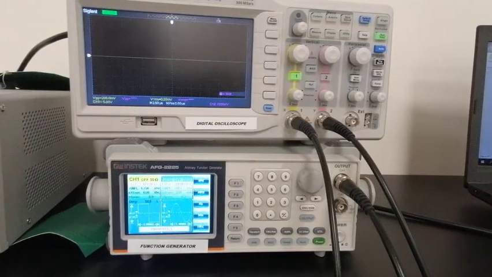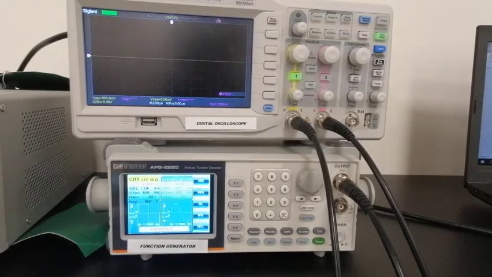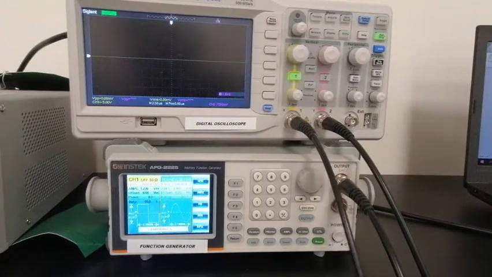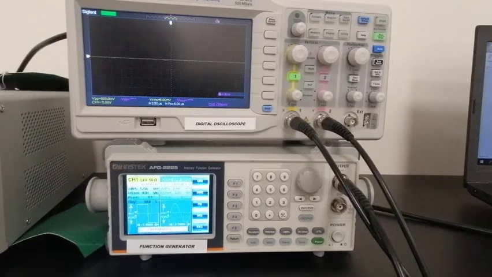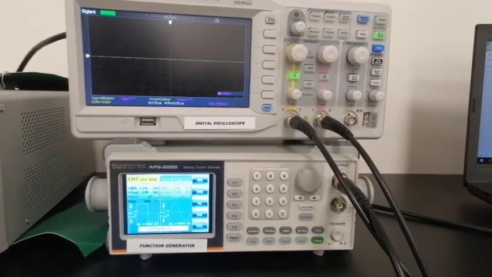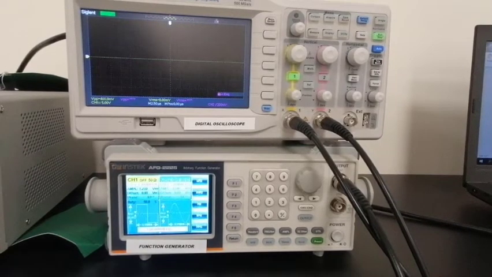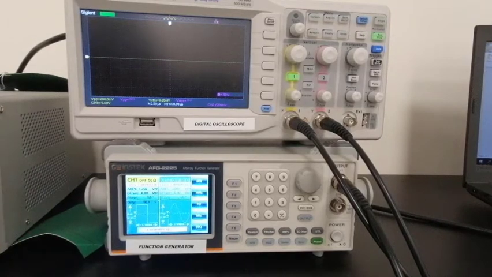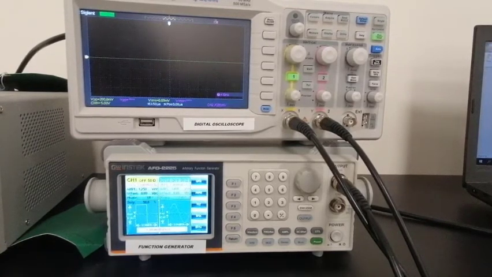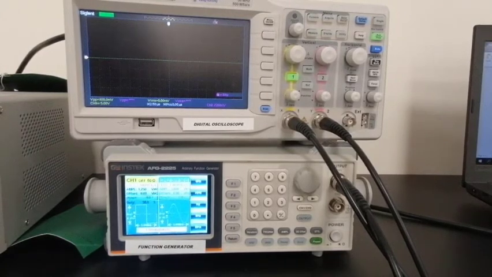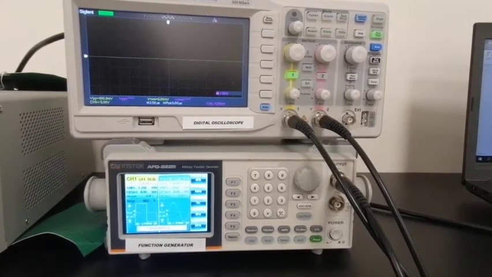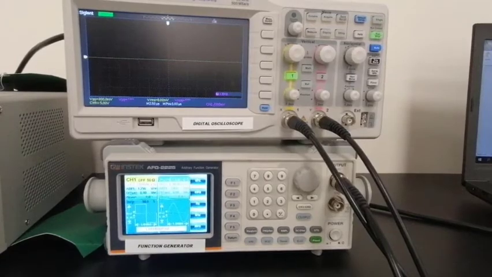Now I am going to connect my oscilloscope across the capacitor. The positive terminal is connected between the resistor and capacitor, and the negative terminal of the oscilloscope is connected to the ground.